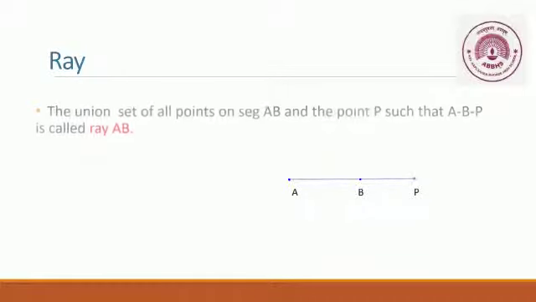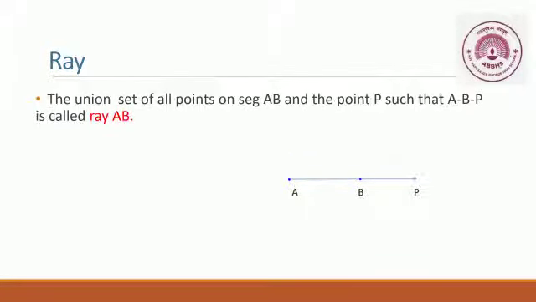Next is ray. Suppose A and B are two distinct points. The union set of all points on segment AB and the point P such that A-B-P is called ray AB.